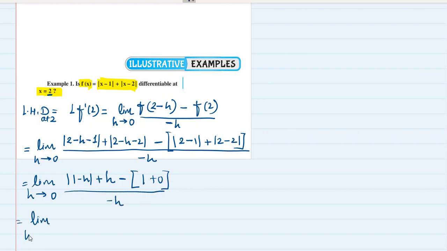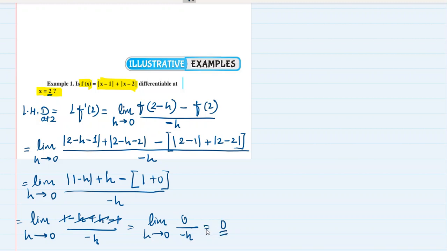So limit h tends to 0 of mod of 1 minus h remains 1 minus h, plus h minus 1, upon minus h. So minus h plus h cancel and 1 minus 1 cancel. So we are getting limit h tends to 0 of 0 upon minus h, which is nothing but 0. So the left hand derivative at 2 is 0.